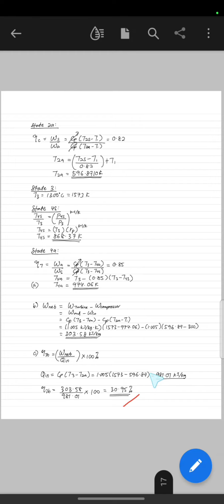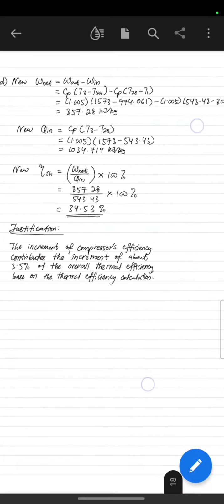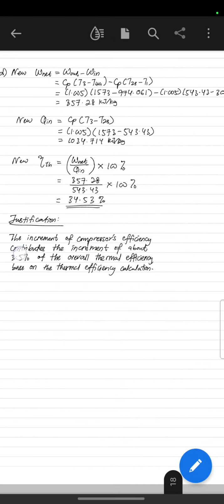If you have a look at your previous section C, you will see that your efficiency is 30.95%, right? And when you move to this part over here, the new thermal efficiency is 34.53%. So it is an increment from the compressor's efficiency. So how do you do that?